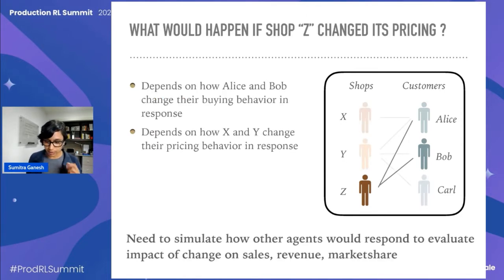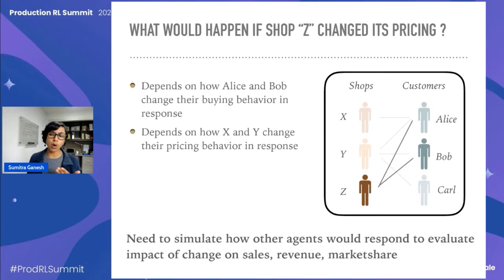Now let's do a simple thought experiment. Let's say you control shop Z, and you're interested in evaluating what would happen if you changed your pricing policy. So you'd like to evaluate how that change would impact your sales, revenue, and market share. Now, the answer to this question is it really depends.